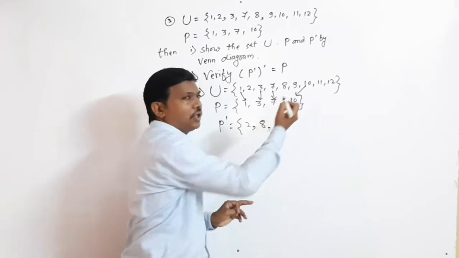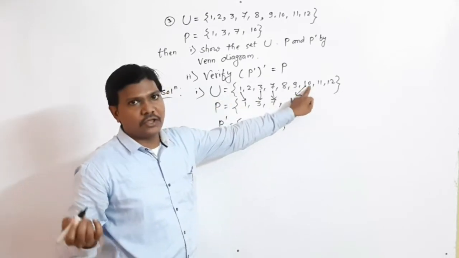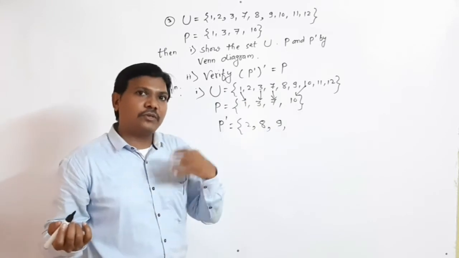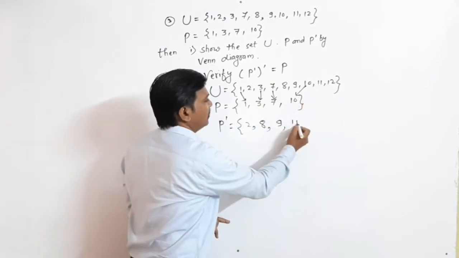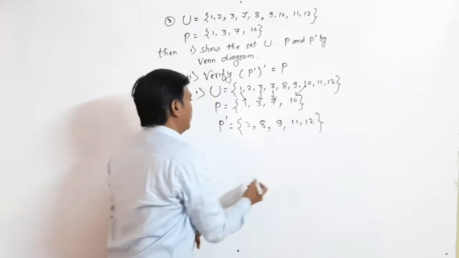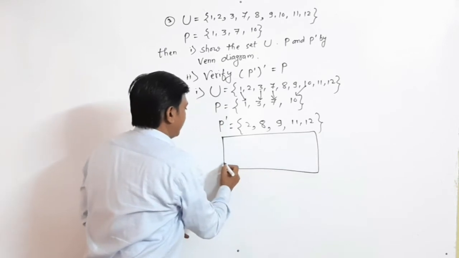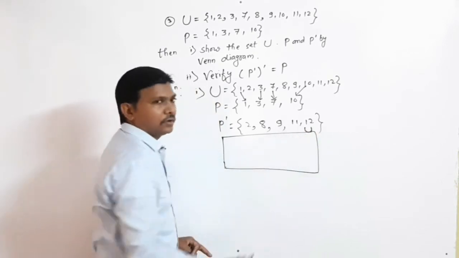Then this 10 is in P, means it is in universal and in P also. And complement is only in universal. So the next remaining 2 are 11 and 12. And represent this information by Venn diagram. So this rectangular box is the universal set.